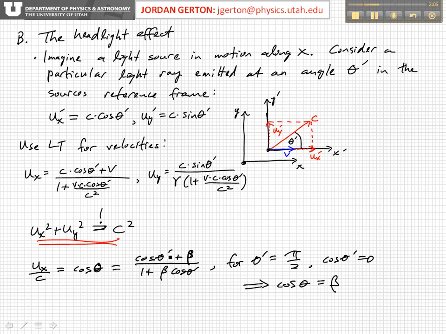So as beta tends to 1, that is, as the relative velocity between the two frames gets close to the speed of light, then the light is concentrated in the forward direction.